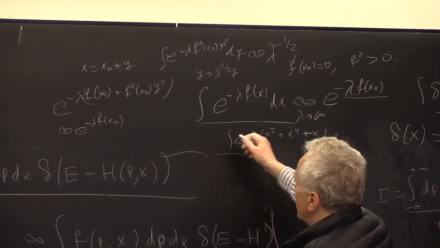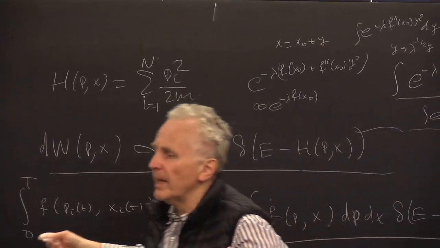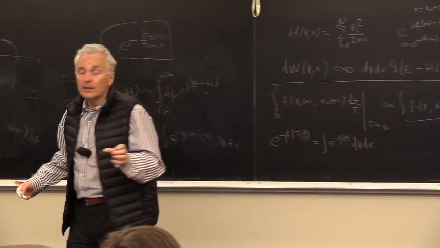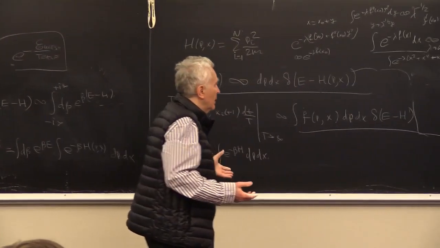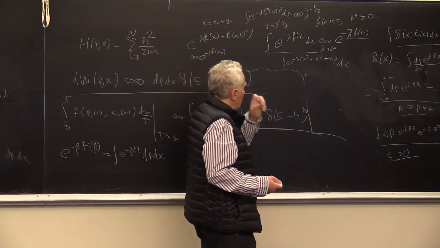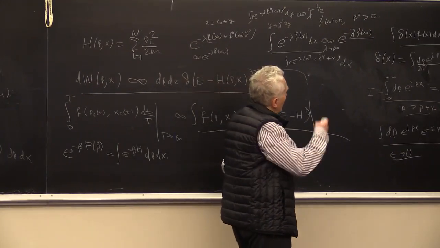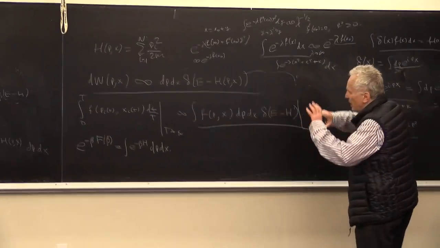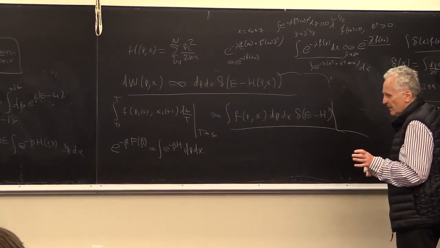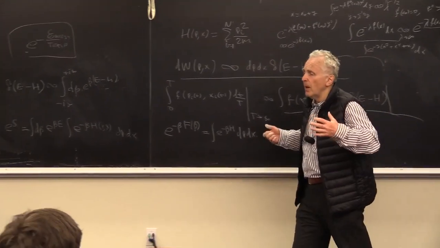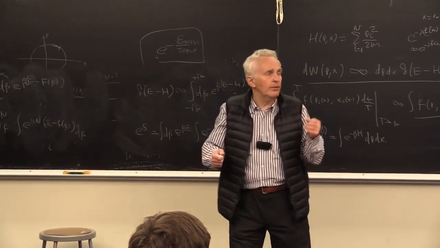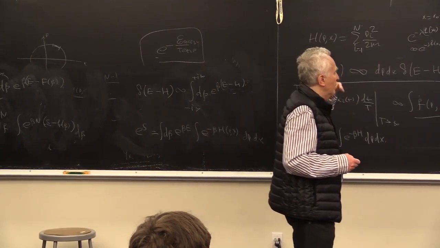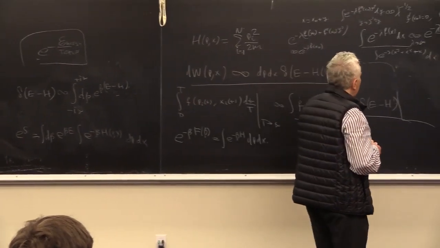So what I'm basically saying is, it's a very powerful method for treating integrals. It's called the saddle point method, or Laplace method in this particular case. There are many variations of this idea in mathematics. That's a very powerful way to find asymptotic values of the integral.